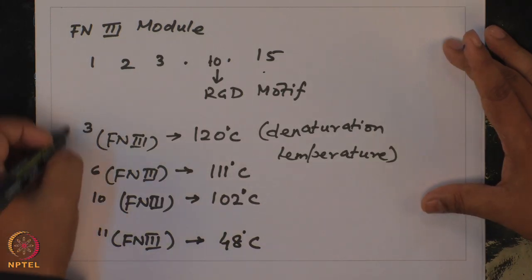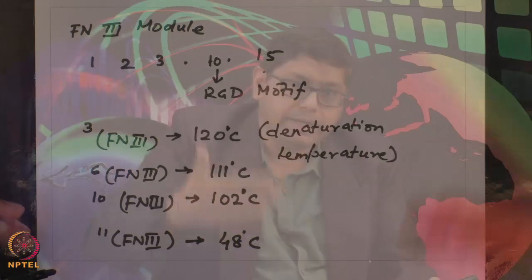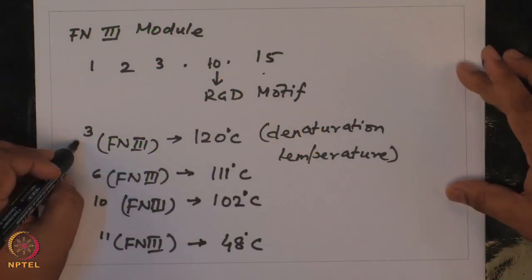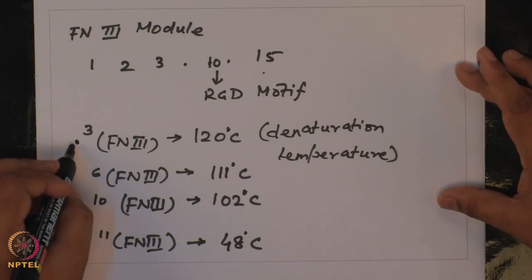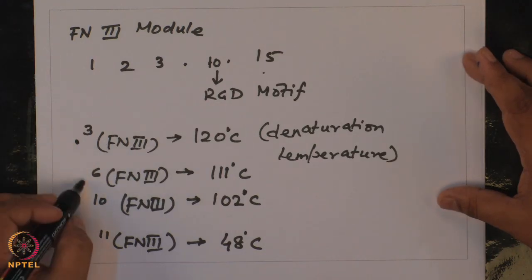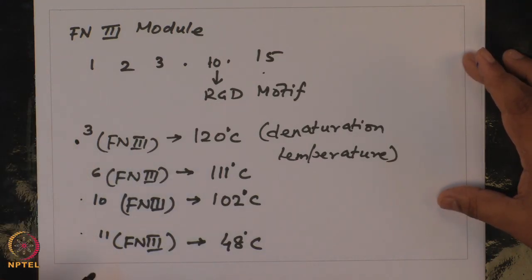So, this tells you that there is a gradation of sensitivity of these individual domains to denaturation. Now, if a domain unfolds at a higher temperature, this would suggest that this domain is much more stable than any of these other domains.